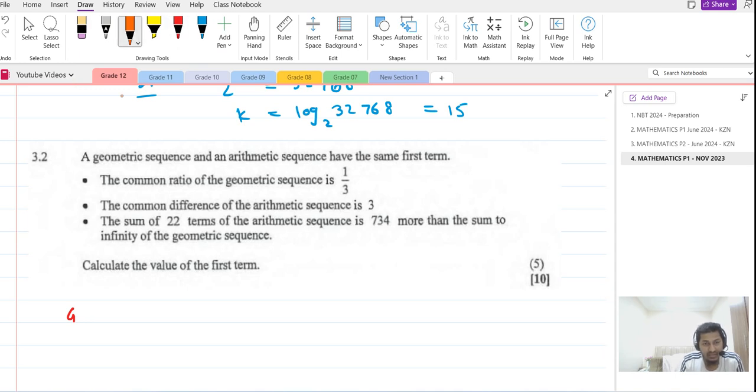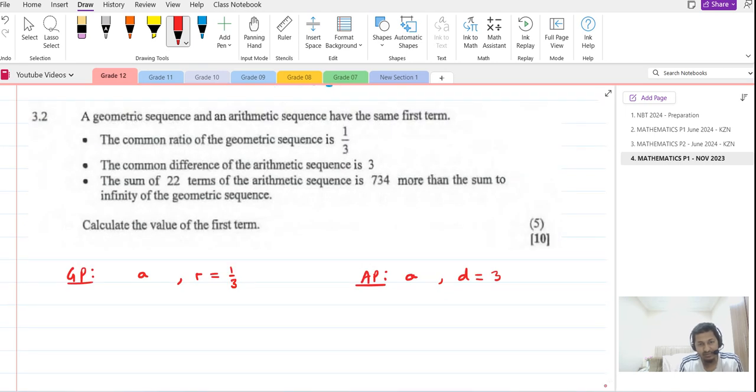It has the same first term A, and the arithmetic progression has the same first term, which is A. The common ratio of the geometric sequence is 1/3, so we know r equals 1/3. The common difference of the arithmetic sequence is 3, so we know d is equal to 3. The sum of 22 terms of the arithmetic sequence is 734.